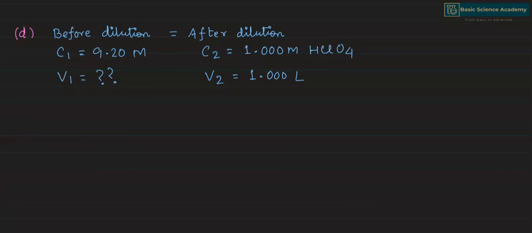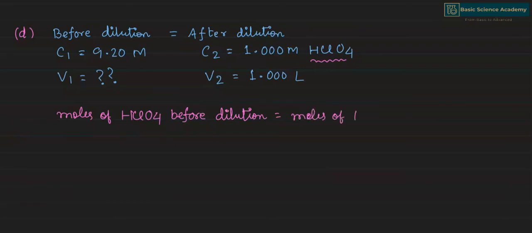Since we only have added water, the moles of HClO4 remain same before and after dilution. So moles of HClO4 before dilution is equal to moles of HClO4 after dilution.